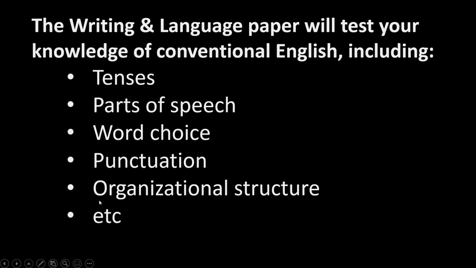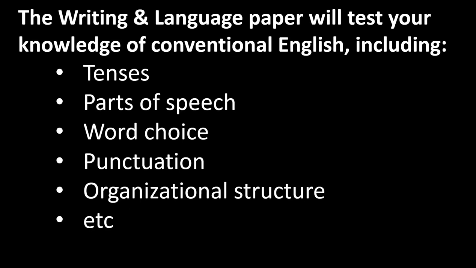In the writing and language paper, we'll test your knowledge of conventional English, including tenses. You will have questions on tenses, for example, choices where you see whether to use the present or the past or the future. It depends on the context.